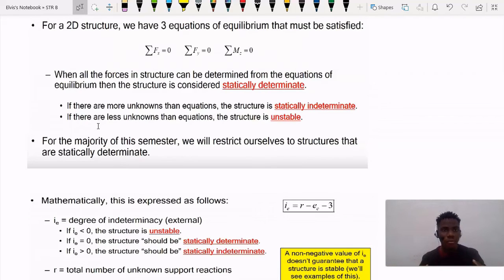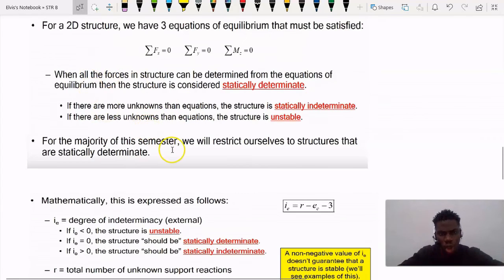We know that we have 3 equations of equilibrium, so if we have 2 unknown forces, this structure is going to be unstable. You are going to understand this better, so don't worry, guys. I'm going to explain this better in the next slide.